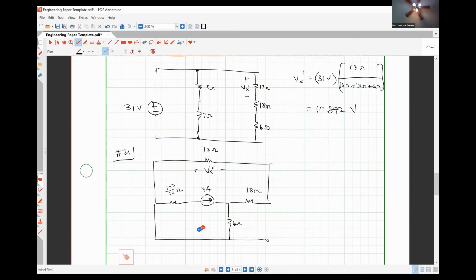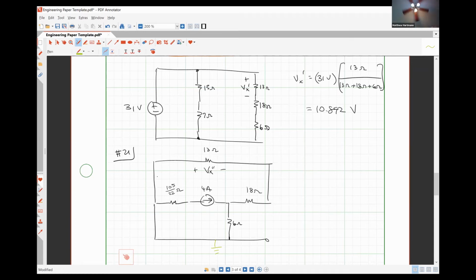So I have 1. Maybe mesh. So I was thinking about nodal analysis, where I would consider this guy to be my ground.